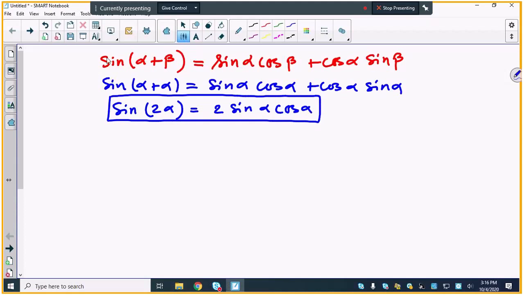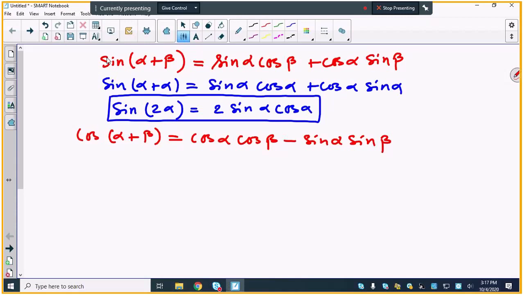Similarly, one can determine the double angle formula for cosine. So start with the cosine sum formula. Cosine alpha plus beta is equal to cosine alpha cosine beta minus sine alpha sine beta. So think about what we have done last time.